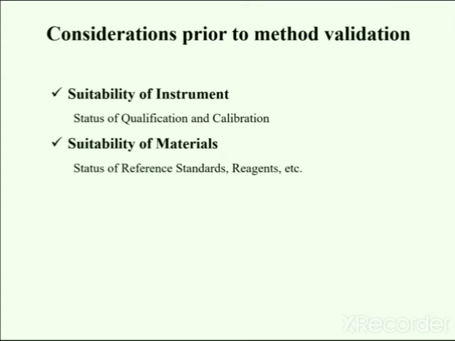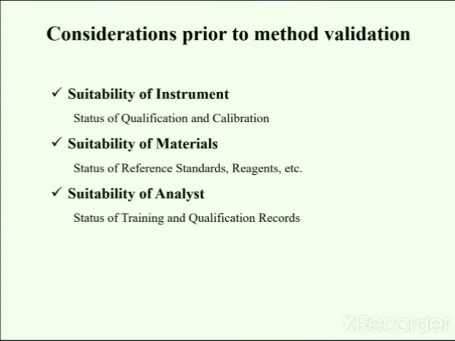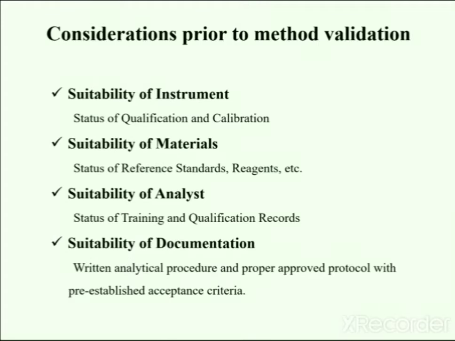This is required for the status of reference standards, reagents, etc. Next, suitability of analyst is for ensuring the status of training and qualification records of the analyst. And last one, suitability of documentation is also confirmed for the suitability of written analytical procedure and proper approved protocol with pre-established acceptance criteria. All of these criteria enable us to determine whether a method has been developed in the way you need it for the control of product quality.